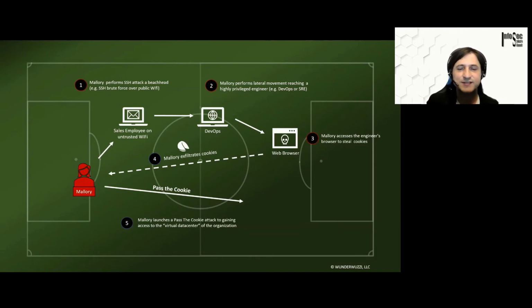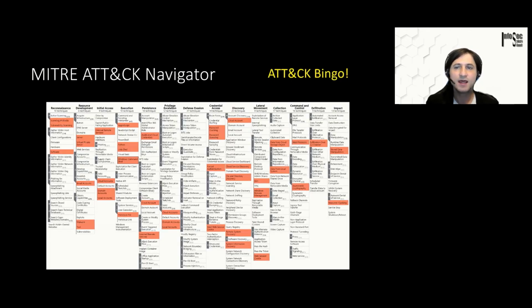Basically, you just leverage the cookie, replay it, do a session hijack, and then you gain access to the Azure account, to the AWS account, or it could also be Salesforce or any web application basically that is being targeted. And here you can see how this might look.